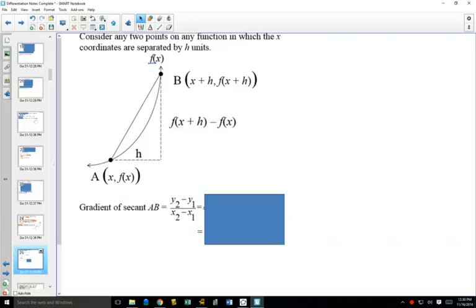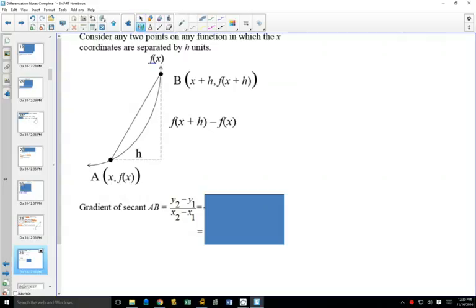So now here is the idea for getting the equation of your tangent line. Maybe this is part of our parabola. You've got your 2 points A and B, and they're a little bit apart.